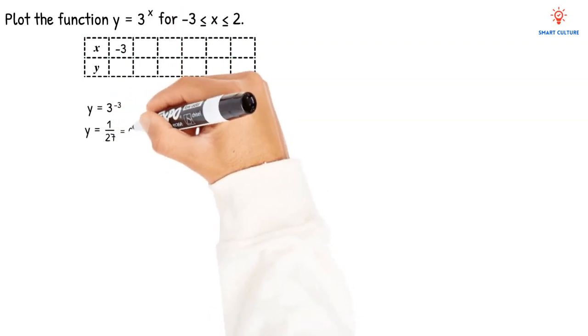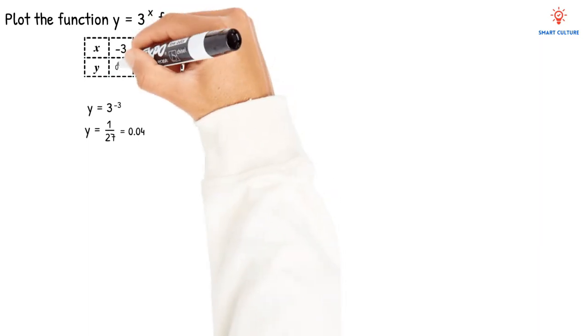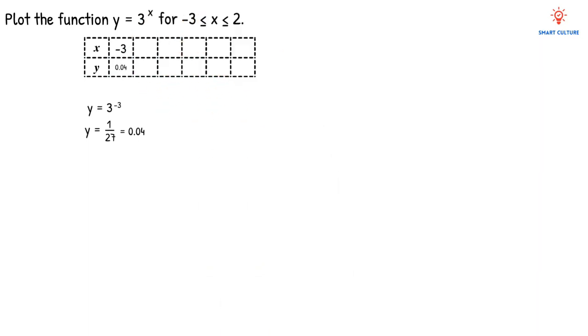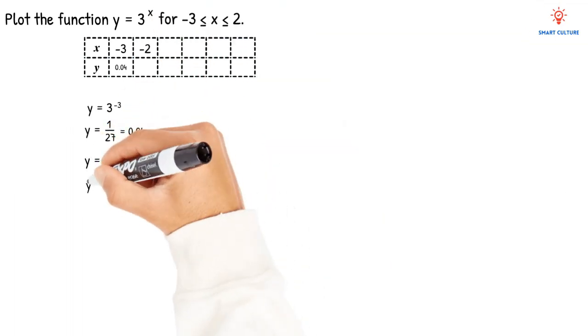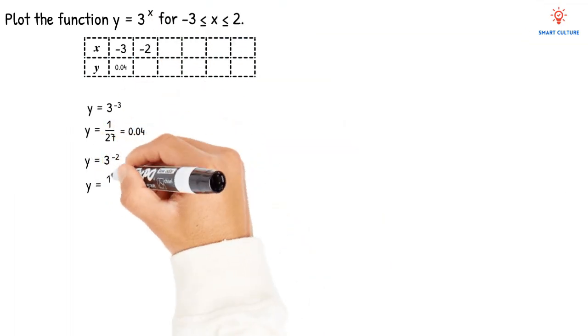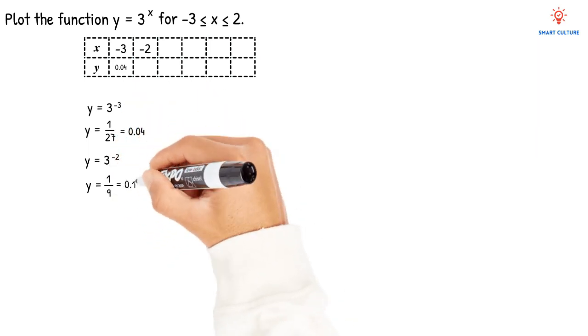So if x = negative 3, then y will be equal to 0.04. So you can plot this on the graph. If x = negative 2, then y will be equal to 0.11.